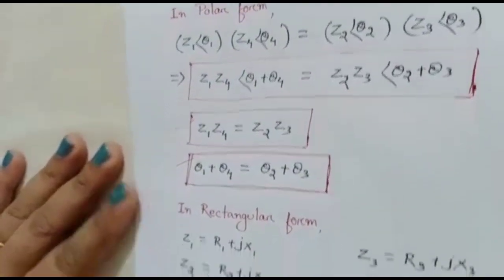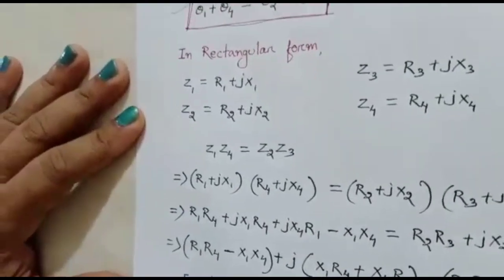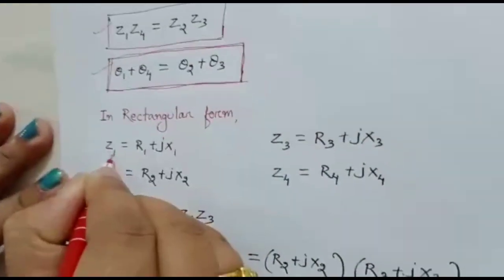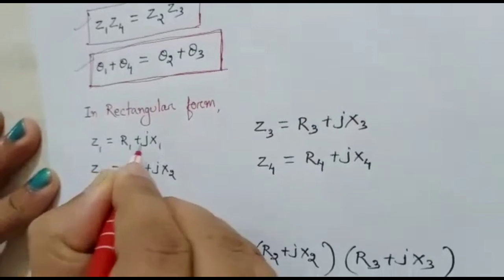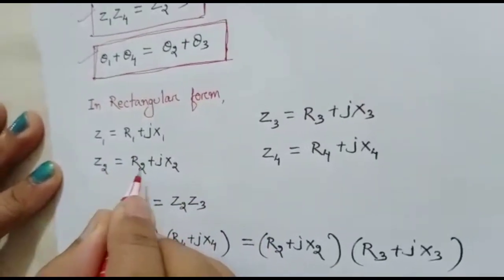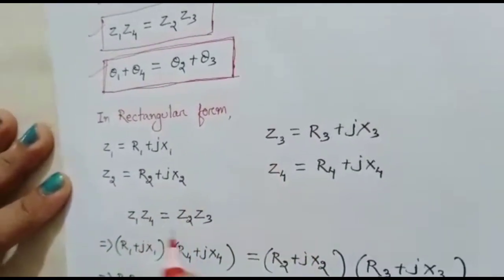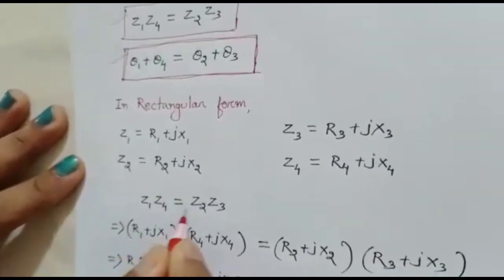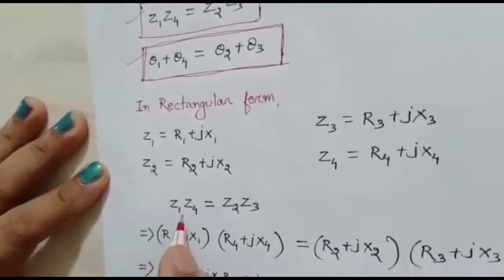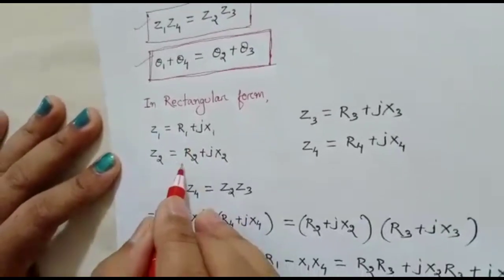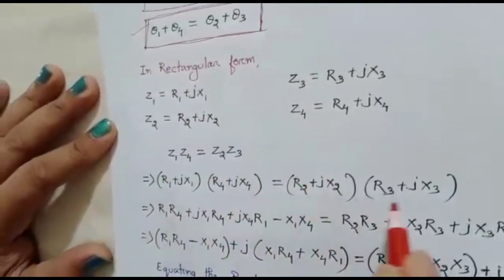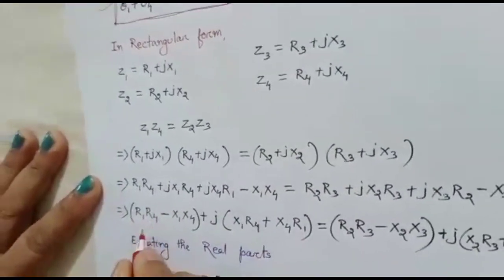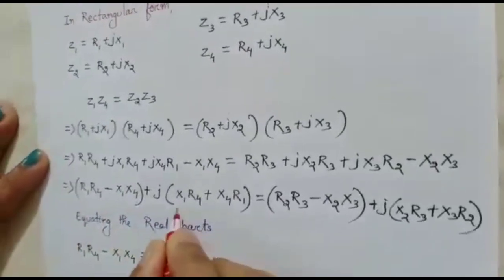Again, if the parameters are in rectangular or complex form, then Z1 is equal to R1 plus jX1, Z2 is equal to R2 plus jX2, and so on. The formula is Z1 Z4 is equal to Z2 Z3. Now I put all the values of Z1, Z2, Z3 and Z4 in this balance equation and solve it. Here we have real parts and imaginary parts.